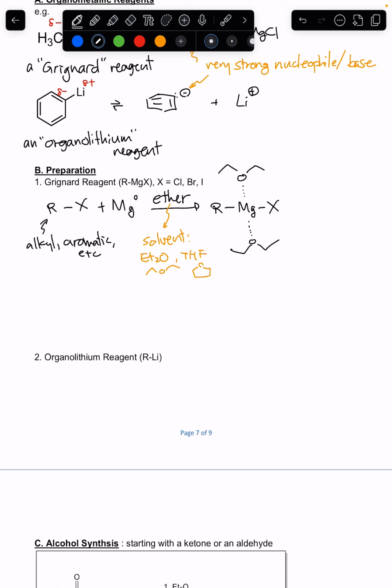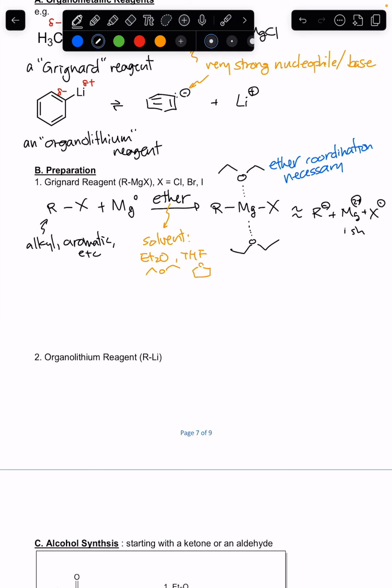So I might say that the ether coordination to the magnesium is necessary. For that reason, the solvent really has to be an ether molecule. And what we're saying is basically the same as carbanion plus magnesium plus halogen-ish.